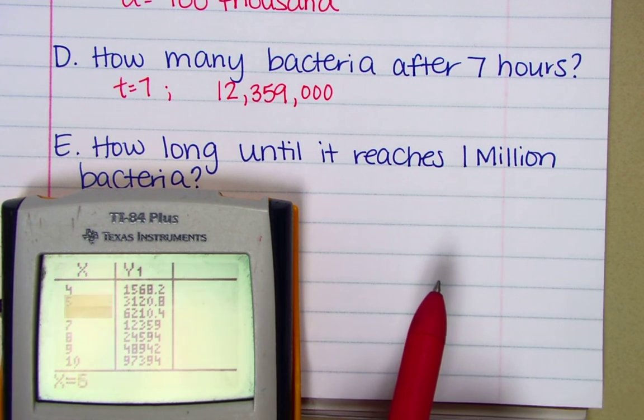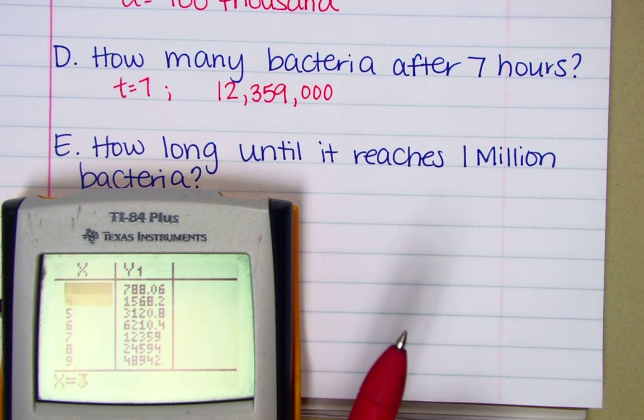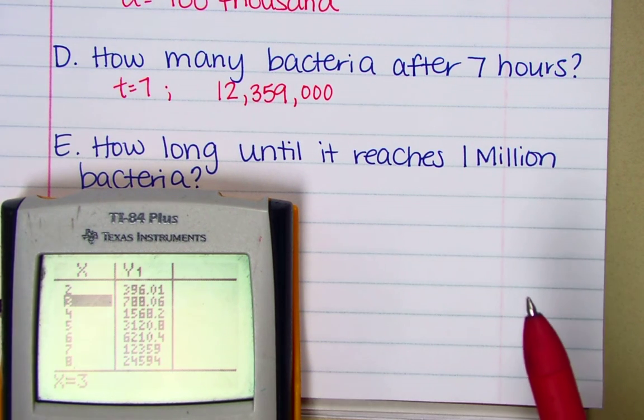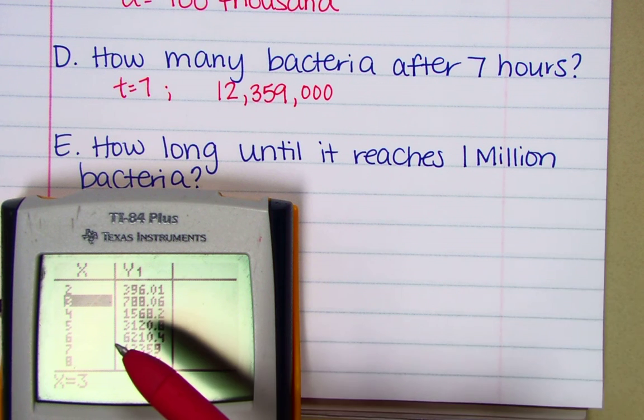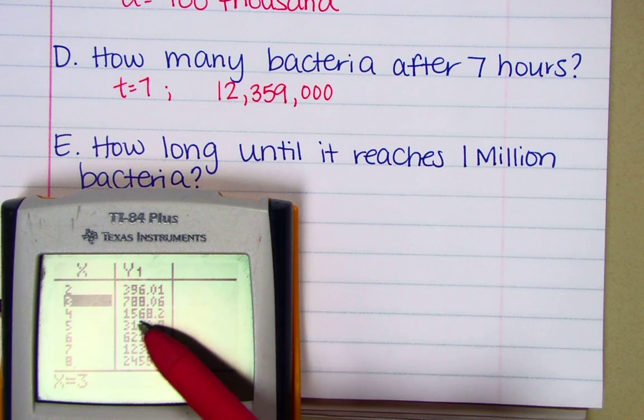We need to go up until we just see 1. Right now, like I said, it's not going to be exact. Where does it go to 1 million? I would say 3 is at 788,000, right? 4 is at 1.5, so that's 1,568,000.